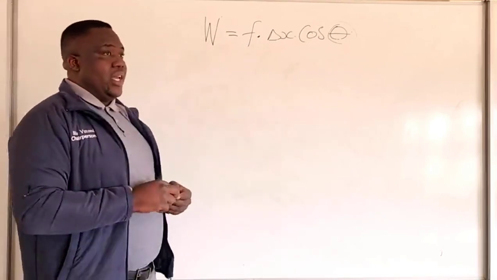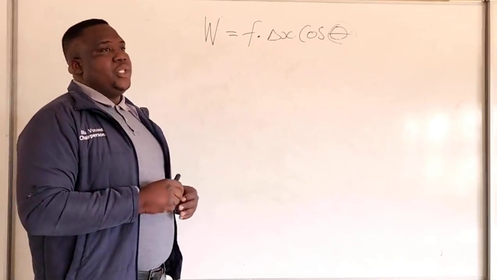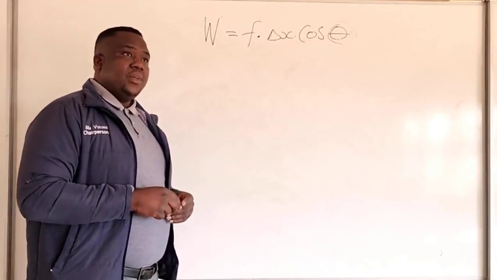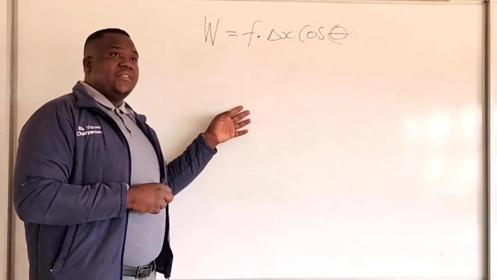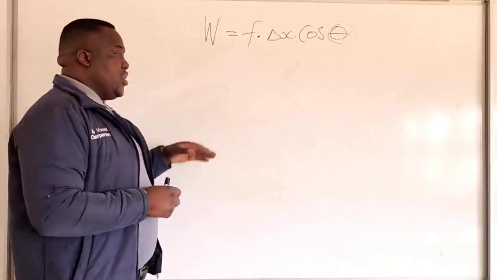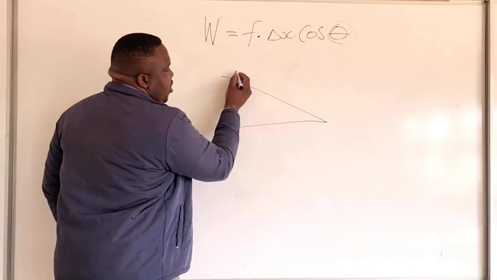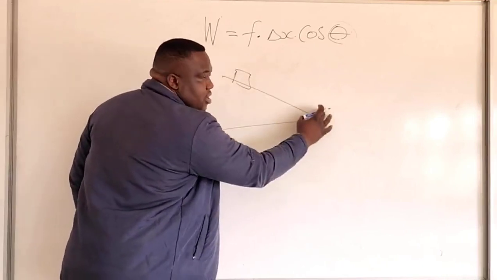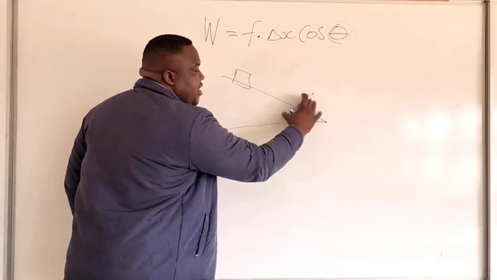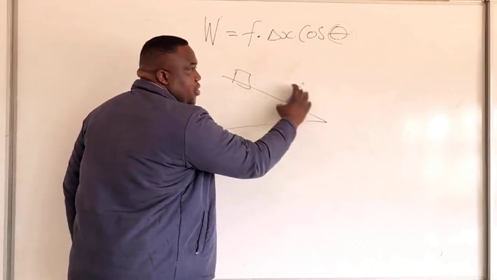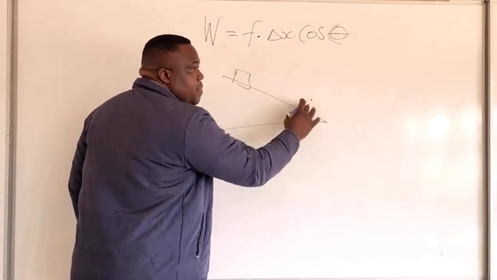This is very important. It was intentional for me to explain those components of the gravitational force, because when an object is moving, let's say we have an incline, which gravitational force is playing a role? It is the Fg parallel.